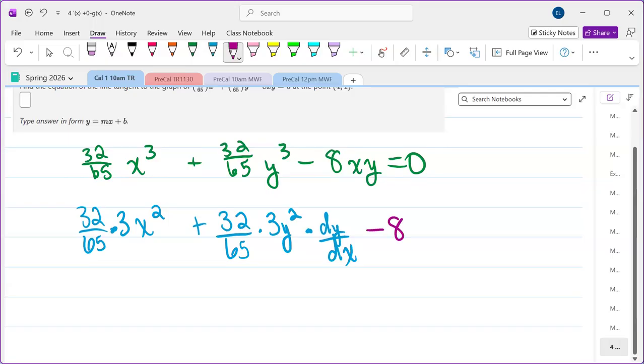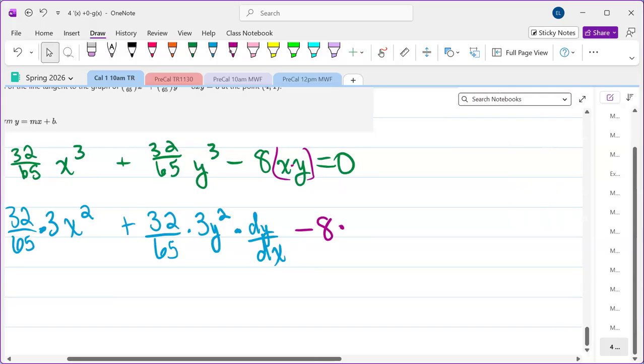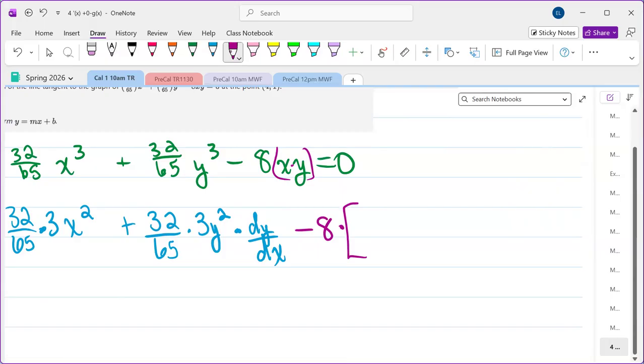Minus 8 times, now we've got the derivative of xy. So that is a product rule. I'm going to put this in brackets because that minus 8 is going to have to distribute through my result from the product rule.